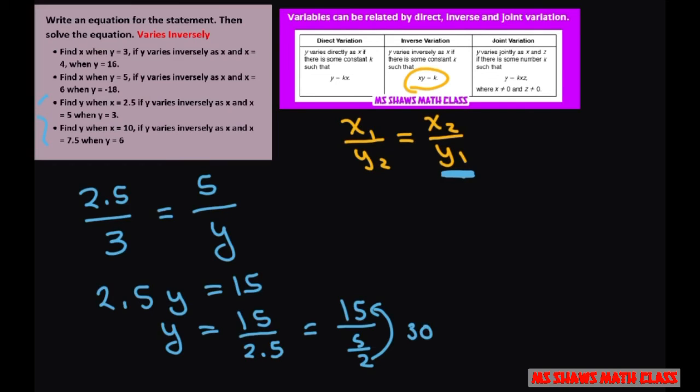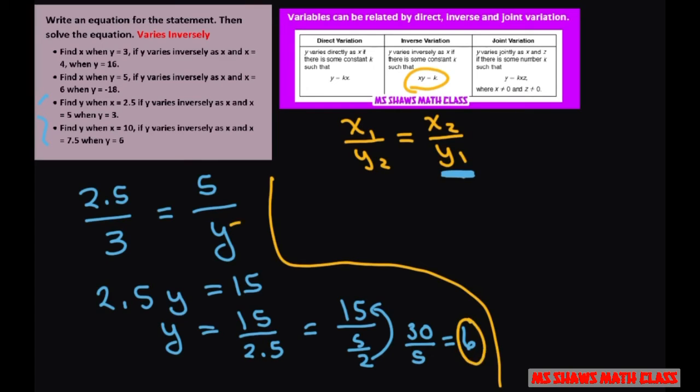You get 30 divided by 5, and that equals 6. If you want it to, this answer looks a lot better. So this right here should be 6. Basically what you're doing is you're multiplying both of these by 2. So that would be your k, if you were looking for k.